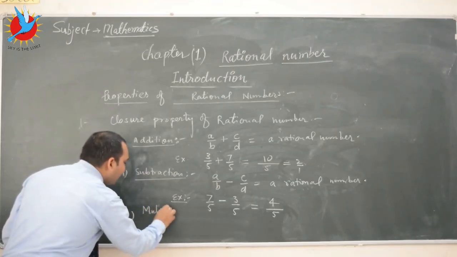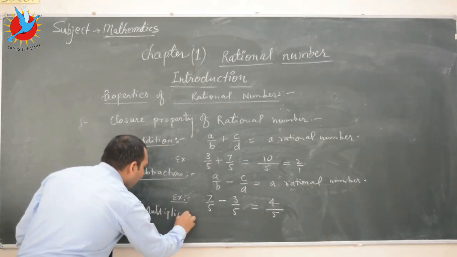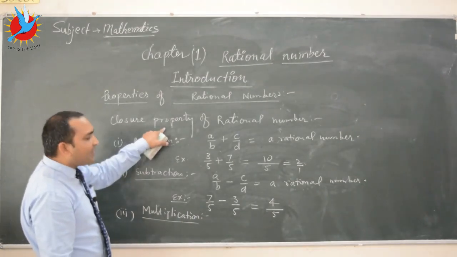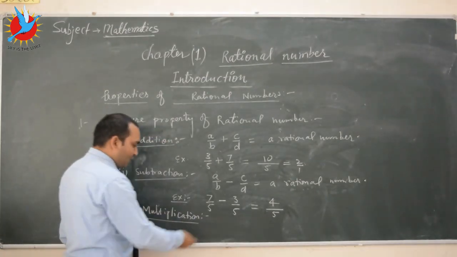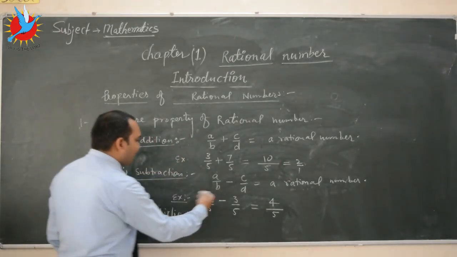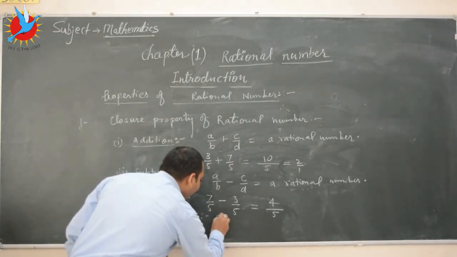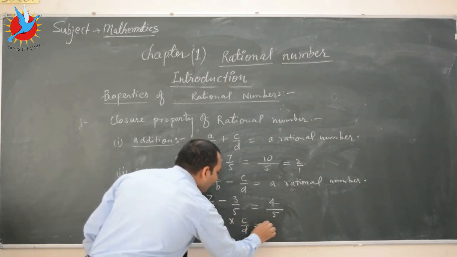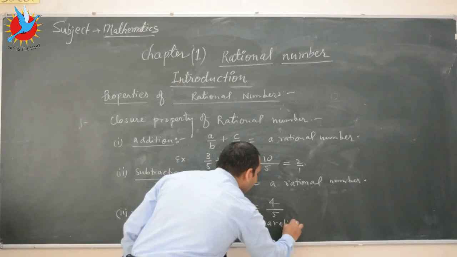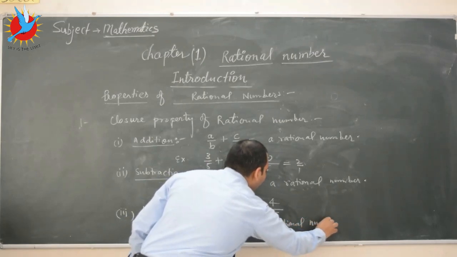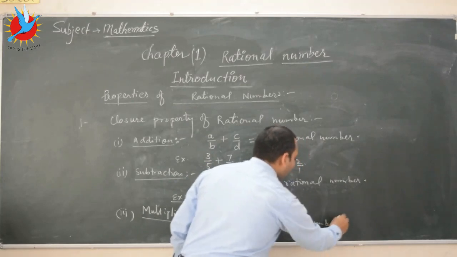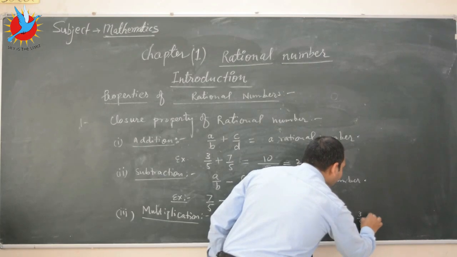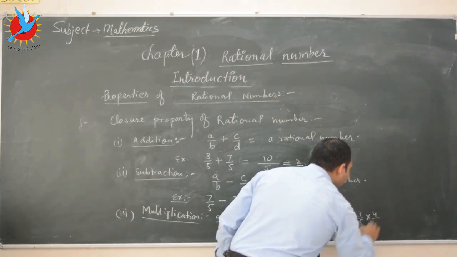Third, multiplication. We check whether multiplication holds the closure property of rational numbers or not. What is the multiplication of two rational numbers? Consider a upon b into c upon d. It should be a rational number. We take an example: 3 by 5 into 4 upon 7.